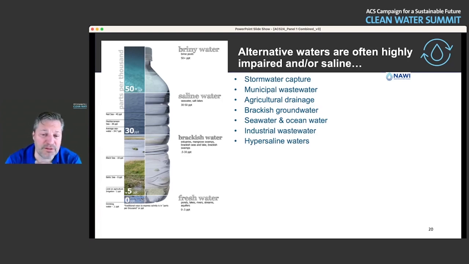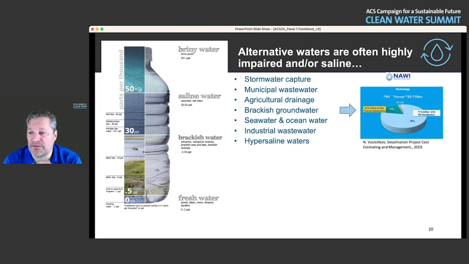We have seawater and ocean water, and industrial wastes, and other hypersaline waters. The common theme here is that there's going to be salt in any of these alternative waters, in addition to any number of contaminants of inorganic, organic, or biological origins.